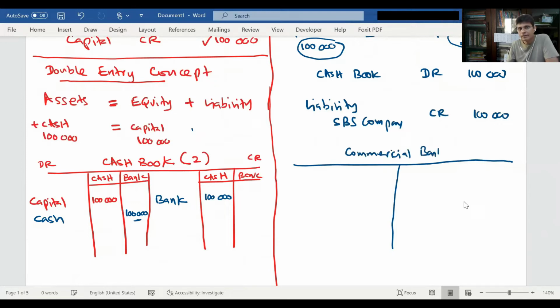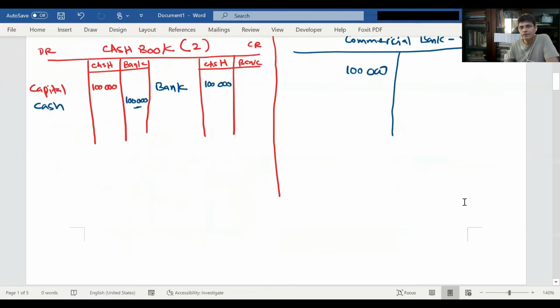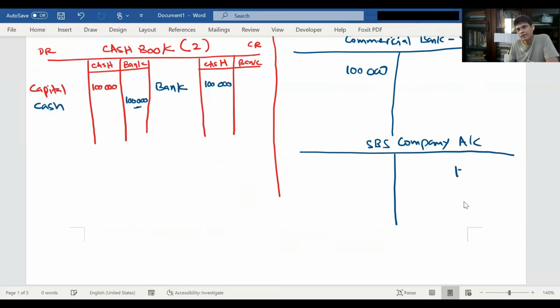This is their cash book. They will debit, and they will credit, which account? They will open SBS company account, which will be credited by 100,000. So this is SBS and this is the commercial bank account, the cash book account. Okay, right? Is that clear?